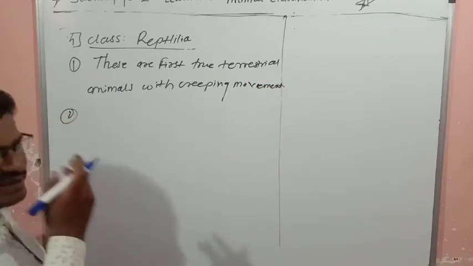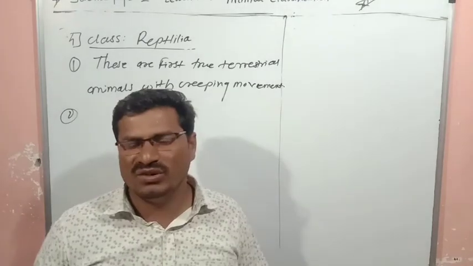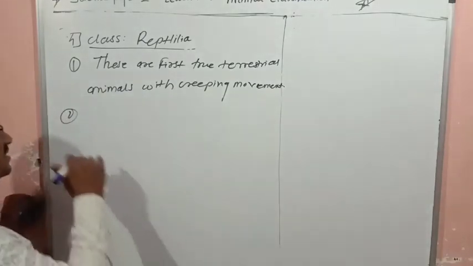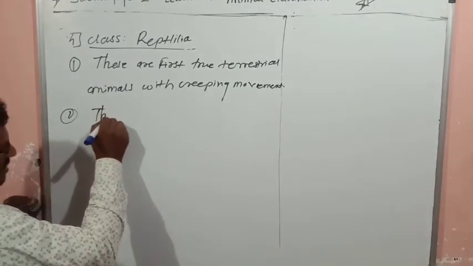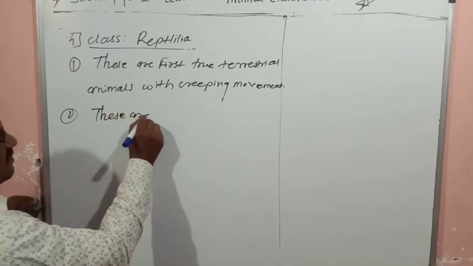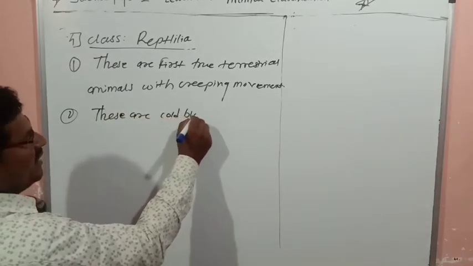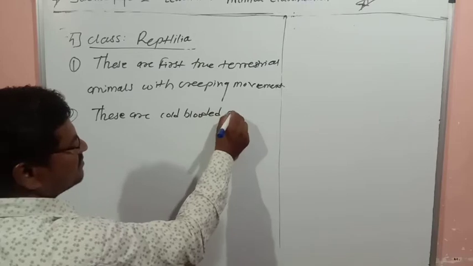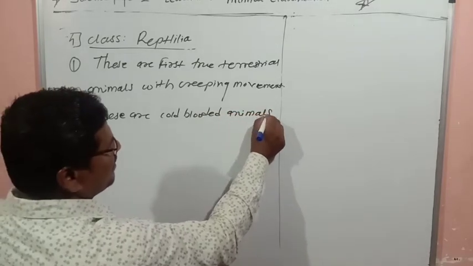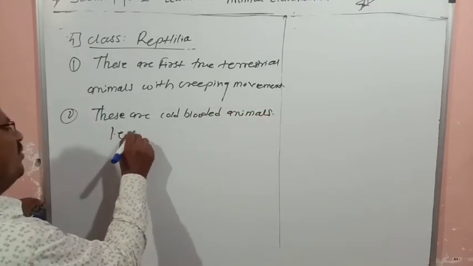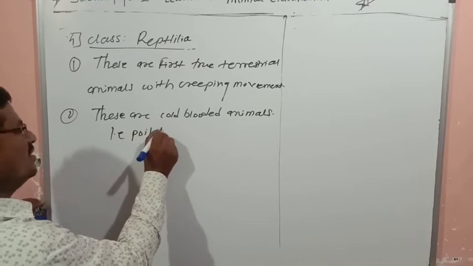The second characteristic: these are cold-blooded animals, also called poikilotherms.